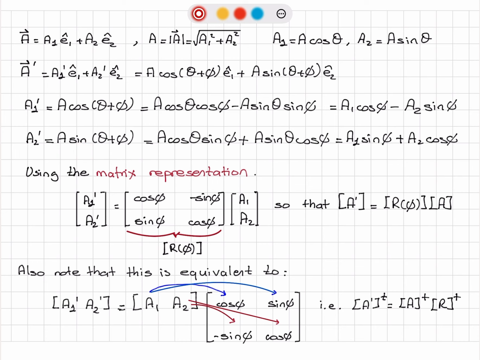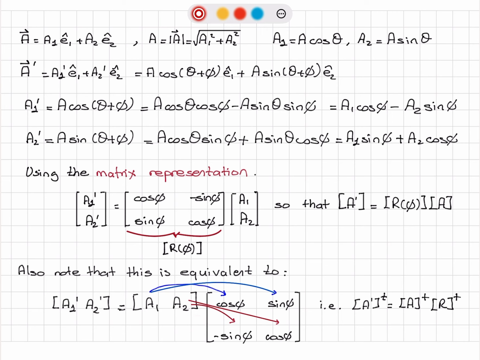And if I write this as a transposition, then this is going to be a single row. This is going to become a single row as well, but it will change places with the rotation matrix, and the rotation matrix will get transposed as well. And here I have explicitly proven that.